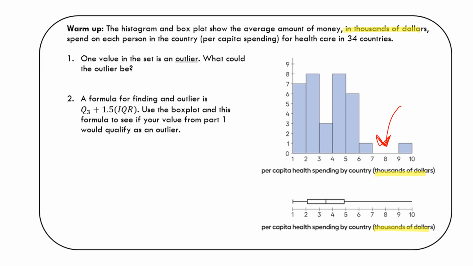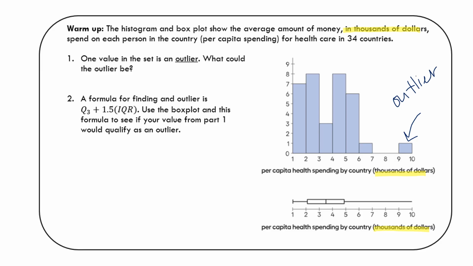And whenever I see histograms and they have a gap there, or really a gap anywhere, then generally the next value that I see, in this case there's a bar here between 8 and 9, statistically I would assume that there could be a possible outlier located there on that next bar. So one value in the set is an outlier.